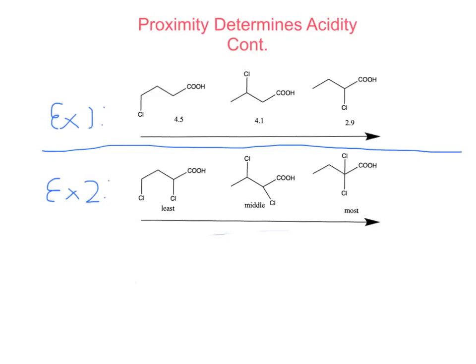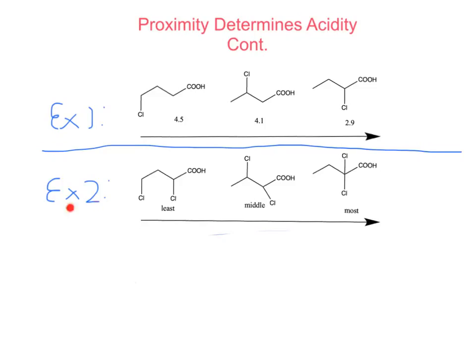As you can see, the closer the electron withdrawing group becomes to the carboxylic acid, the stronger the acid becomes. When it's way out here, it's only got a pKa of about 4.5, but one step closer, it's at 4.1, and when it's right here on the carbon next to the carboxylic acid, it's at 2.9, which is a huge increase in the acidity of the carboxylic acid.